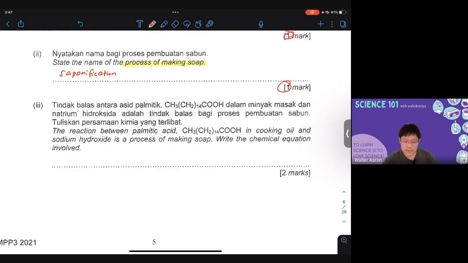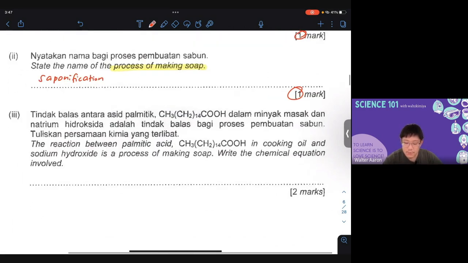And then they say here the reaction between palmitic acid in cooking oil and sodium hydroxide is a process of making soap. Write the chemical equation involved. So supposedly, right, they give you the formula of the palmitic acid already, okay? And during the formation of the soap, right, you just have to remove the H only, all right?